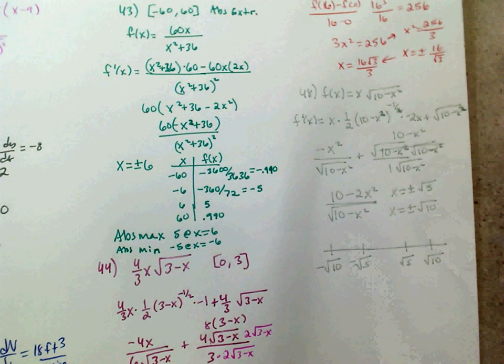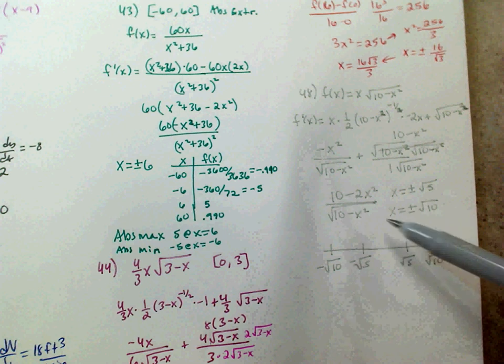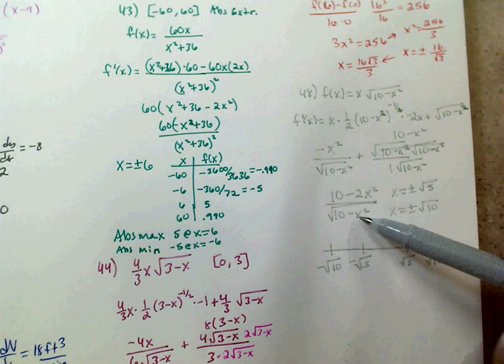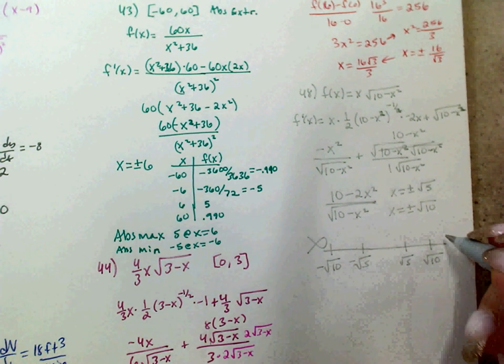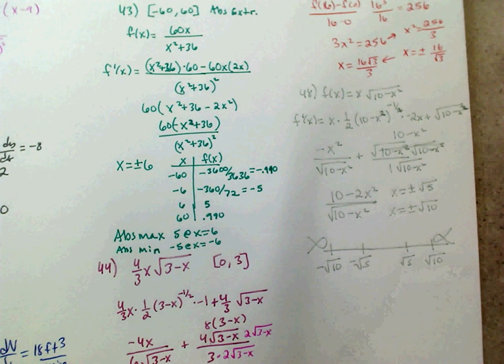I get 10 minus 11. That's a negative number underneath the square root. It does not exist. And neither does it exist over there. The original function doesn't exist over there. So the original domain is literally only from negative square root of 10 to positive square root of 10. So that's my only possibility anyway.